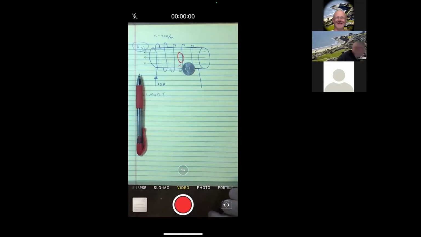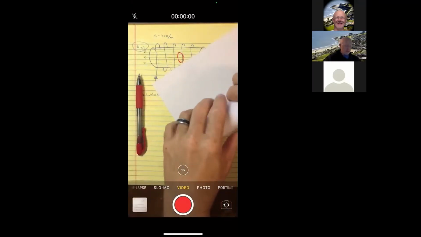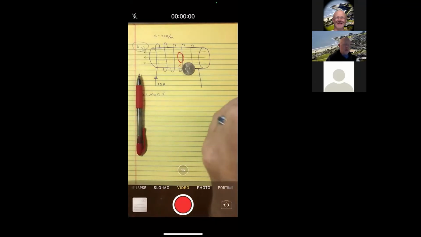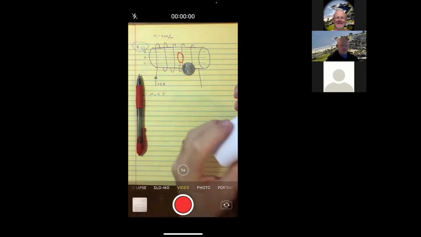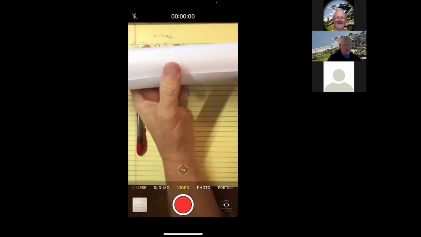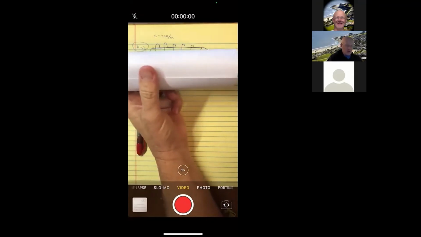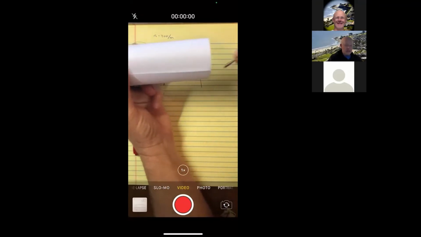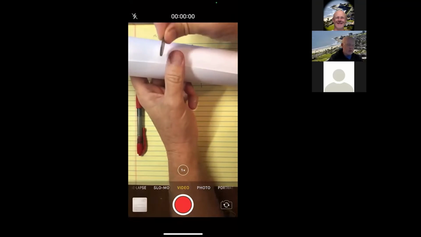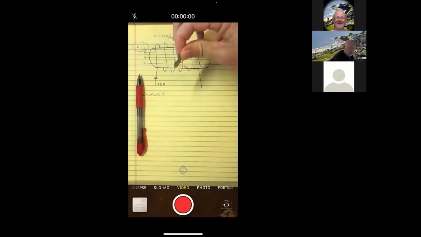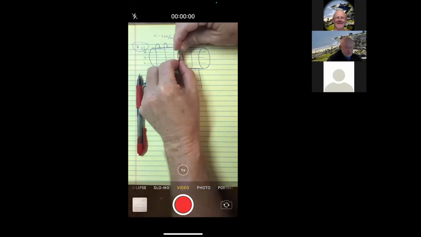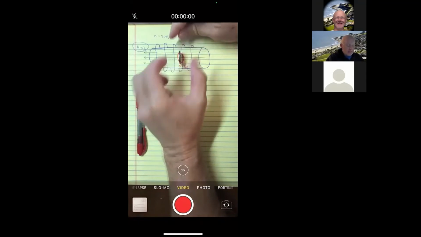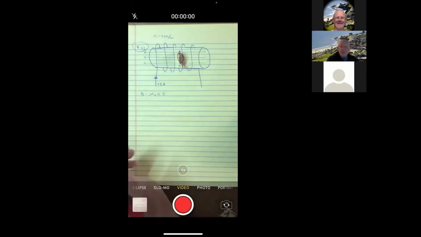So if my solenoid was this piece of paper here, then what they're saying is this coin is inside. So that's what I'm trying to draw here. I'm trying to draw this coin inside. Hey, it stayed up. I didn't think it would.